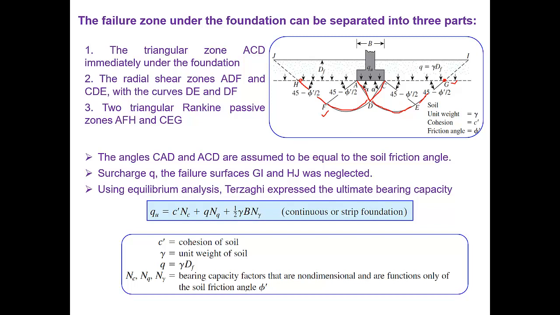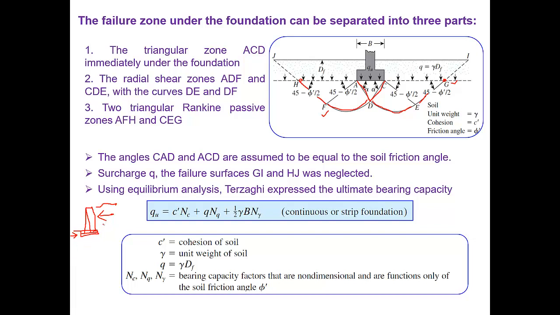So there are two kinds of force from the soil. Suppose this is a retaining wall, and you have soil here, then this kind of force is your active pressure. If you have the soil here, the force acting on the foundation will be your passive force.